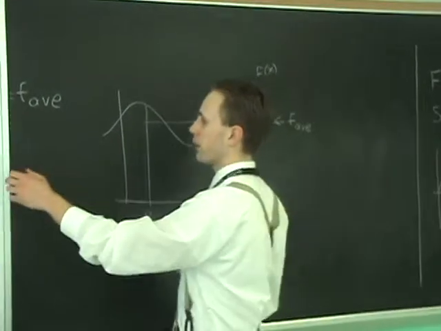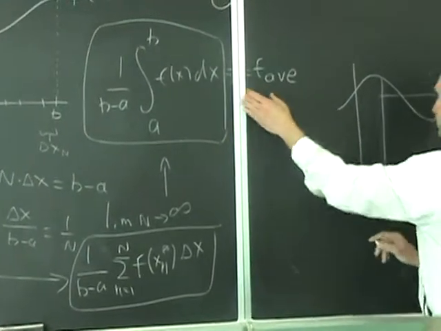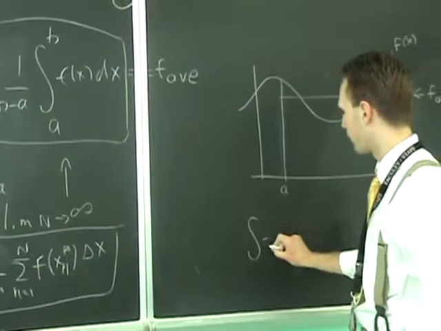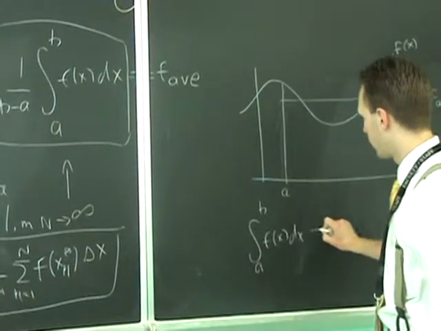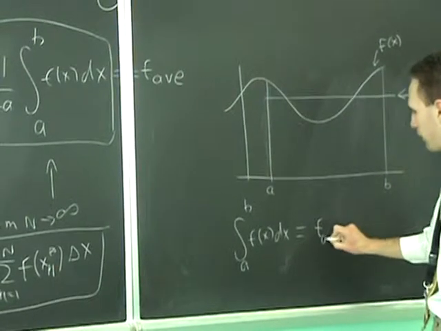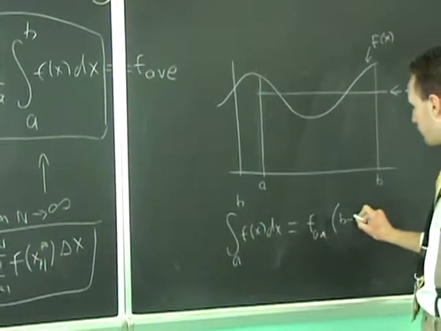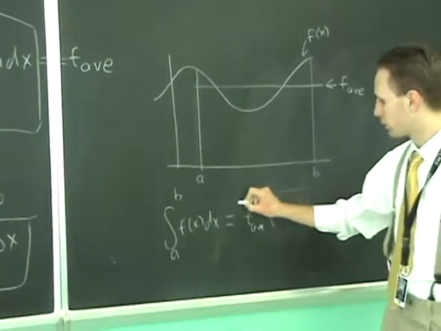If you multiply both sides of this equation by b minus a, you get the integral of f of x dx from a to b equals the average value, f average, times b minus a. What's the geometric interpretation of this?